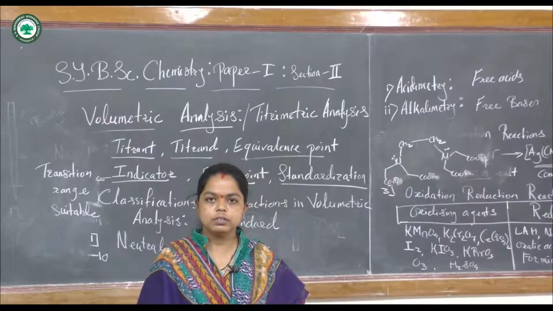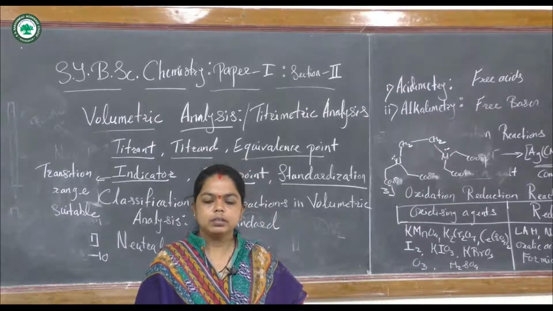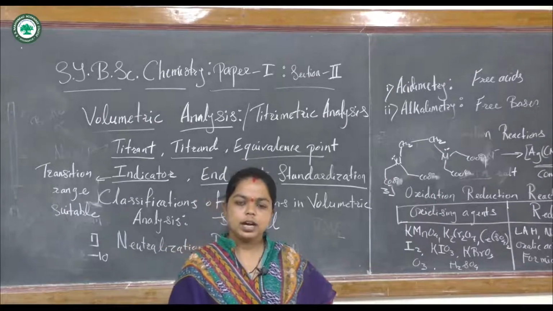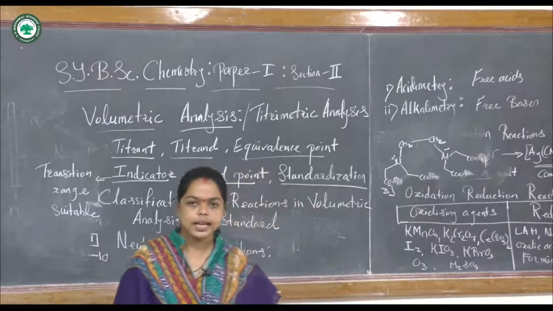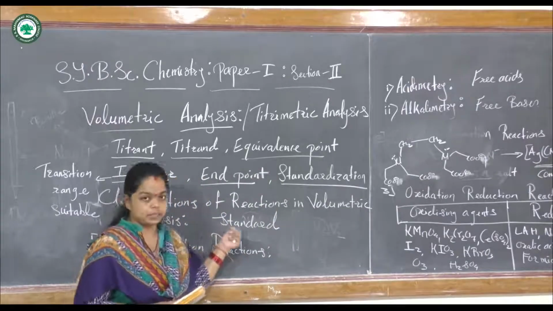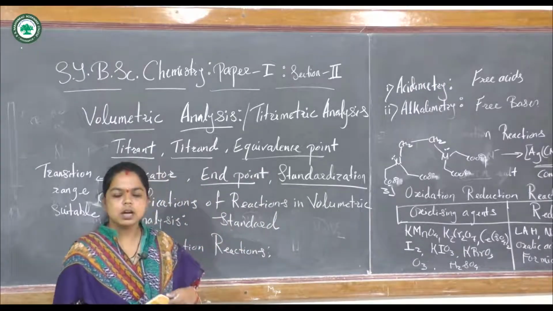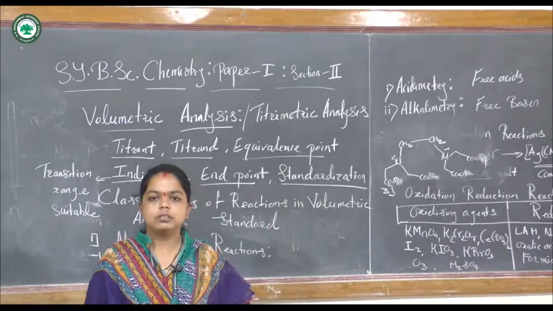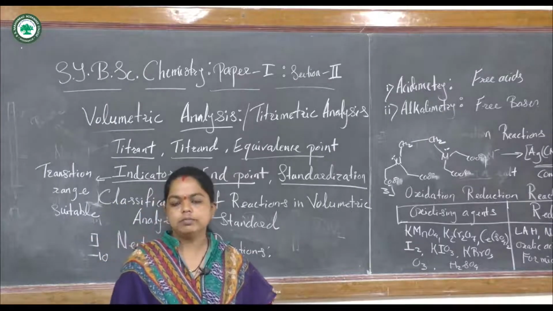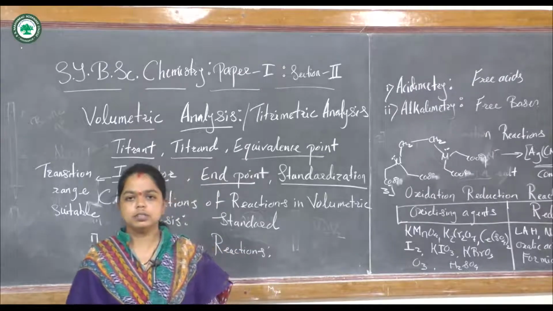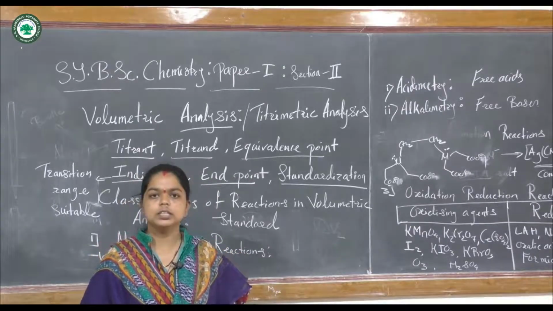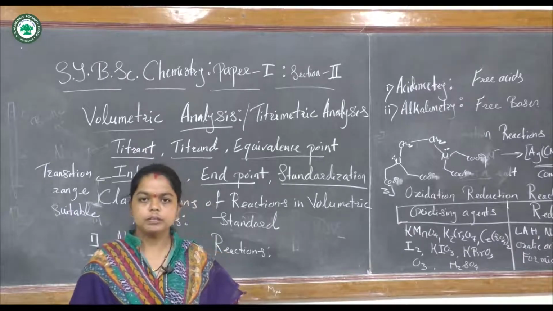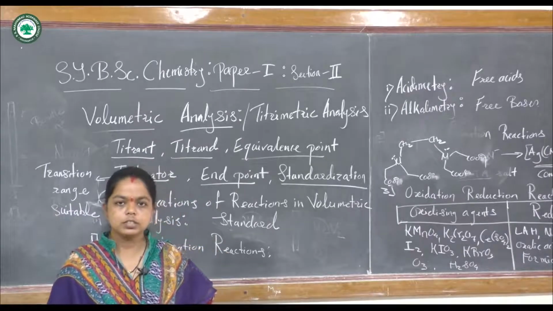In the next lecture we will study the last type, precipitation titration, and again take up neutralization titration in detail: the examples, how the titration is carried out, how pH changes, and the curve obtained for different types of neutralization titration.